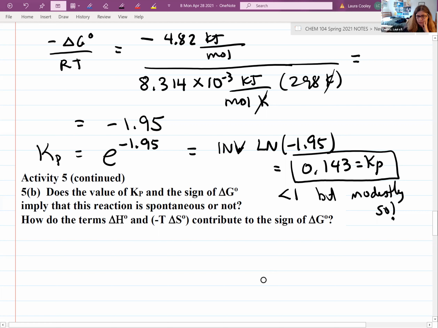You would end up dividing by a much larger number. You would have a much smaller delta G over RT. It would change the value of K a lot. So that's why it's really important to make sure that if you're using a delta G that's in kilojoules per mole, you have to use the gas constant in kilojoules per mole Kelvin. Okay, thank you. Just be careful.